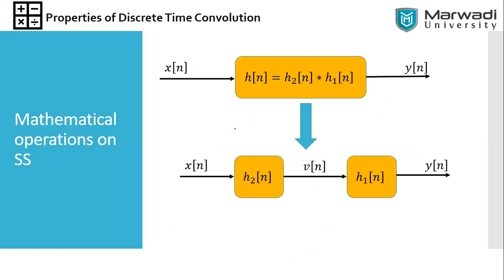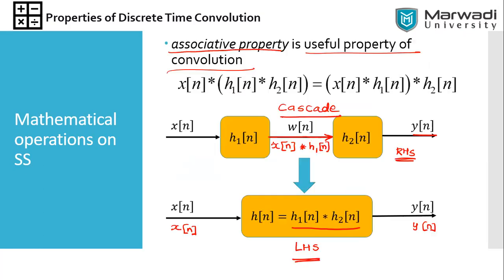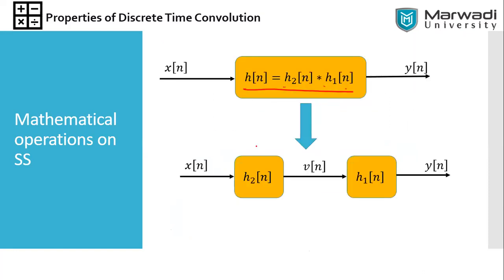Or you can also write it like this, that if you have two systems given in cascade like this, now h2 of n and h1 of n is also possible. That means you can interchange. Here it is h1 of n and it is h2 of n, right? So h1 of n comes first and h2 of n comes second. Instead, here, if you see, then h2 of n comes first and h1 of n comes later.